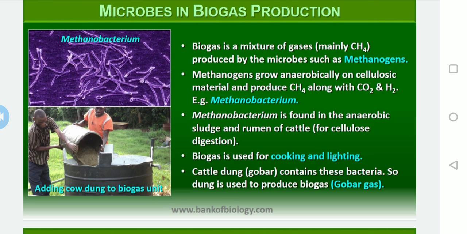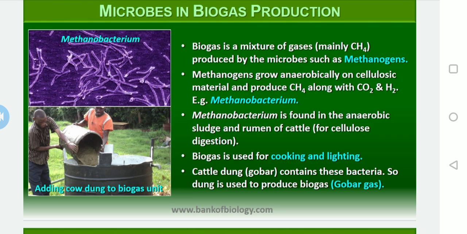First of all, biogas is a mixture of gases containing predominantly methane. Remember, not only methane, along with carbon dioxide as well as hydrogen sulfide, it is also produced by microbial activity and is used as a fuel.